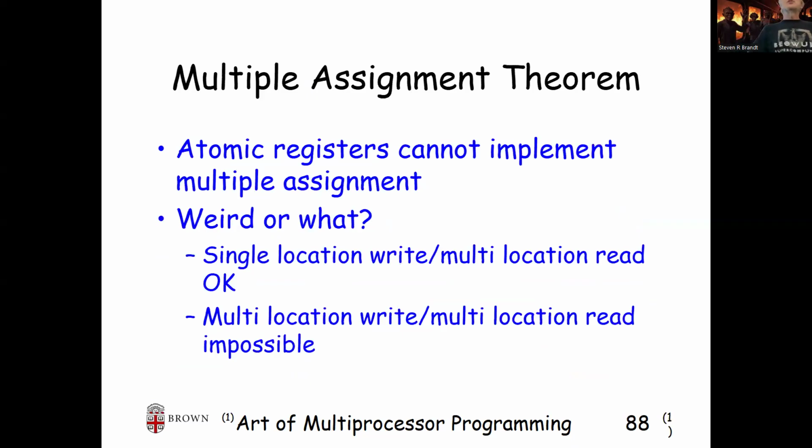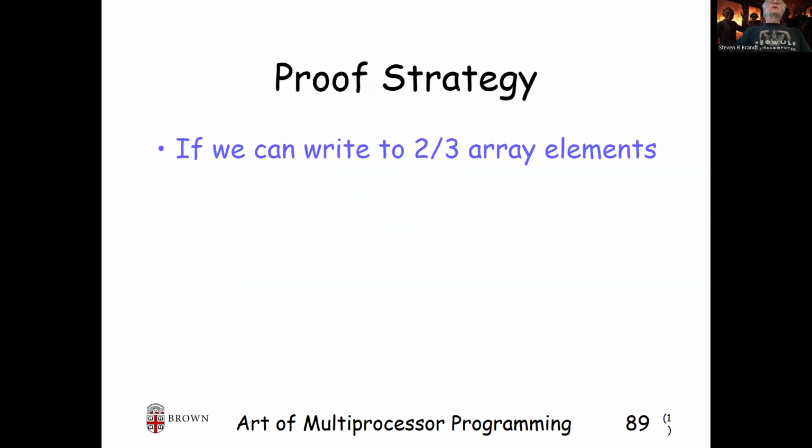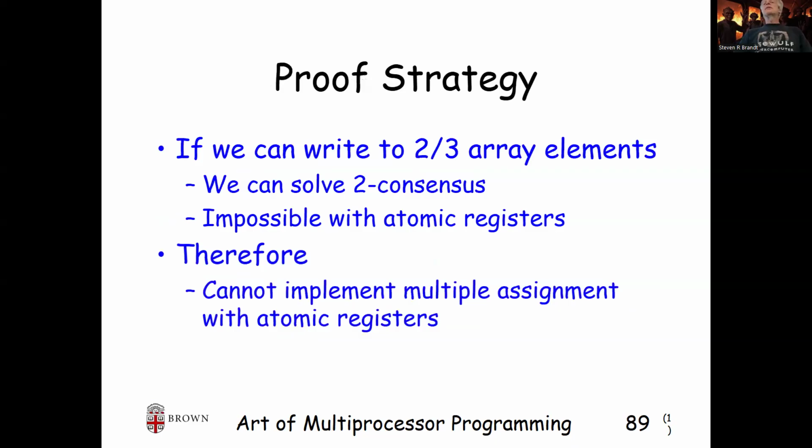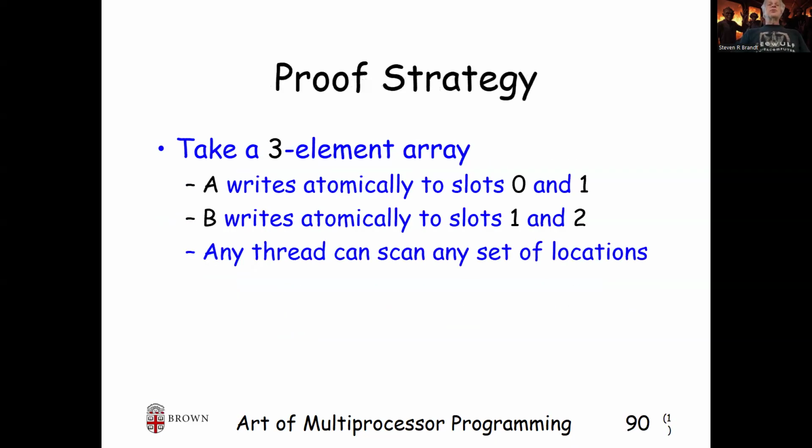The single location read-write is okay, but a multi-location write, multi-location read is impossible. All right, so proof strategy: if we can write to two of three array elements, we can solve 2-consensus. It's impossible with normal memory registers. Therefore, we cannot implement multiple assignment with normal memory registers.